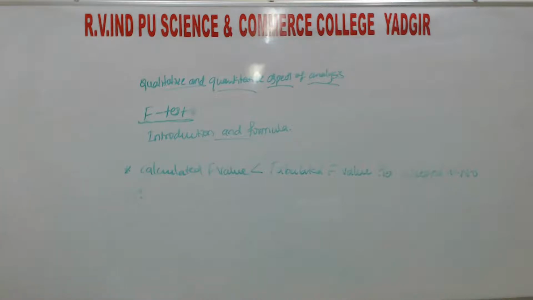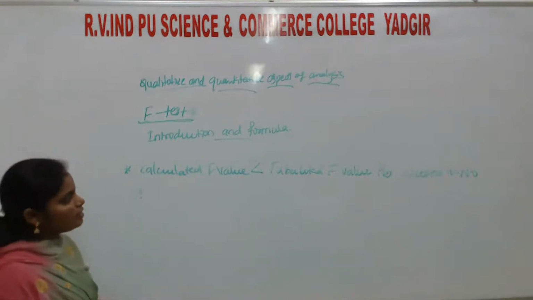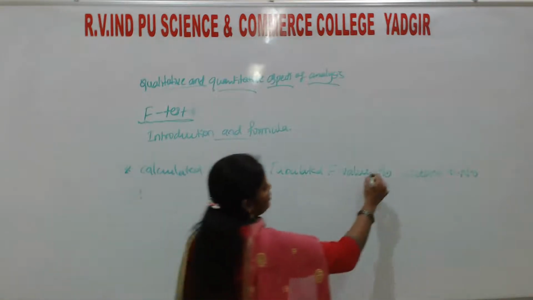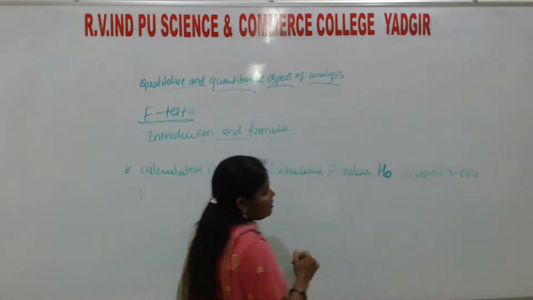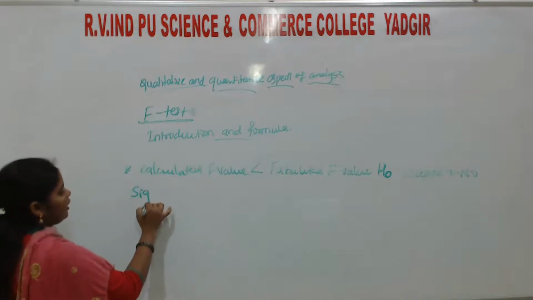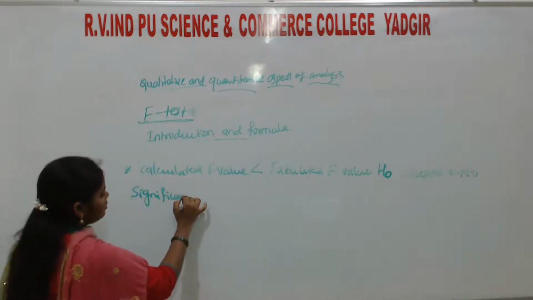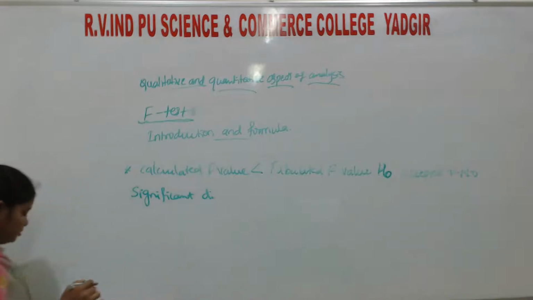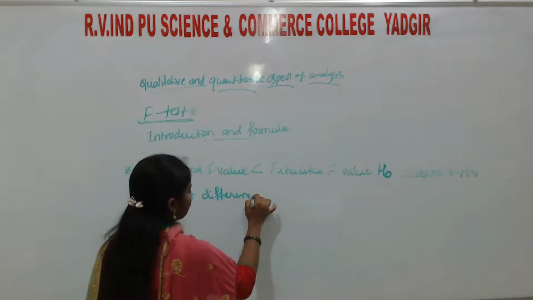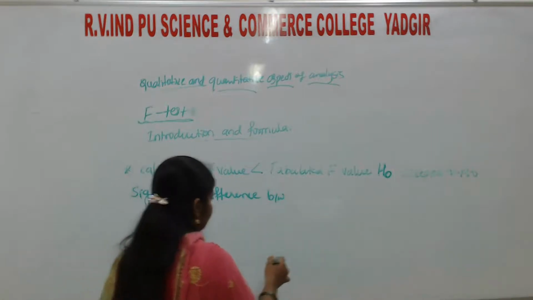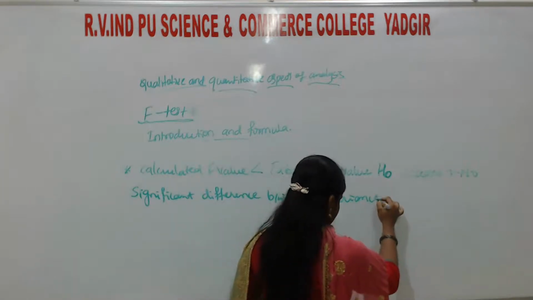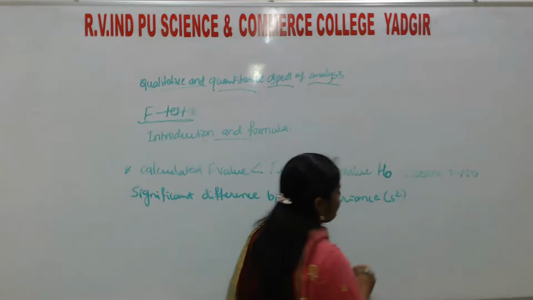Here the calculated F value is less than the tabulated F value, and the null hypothesis H0 is accepted. No significant difference between two variables, that is S square.